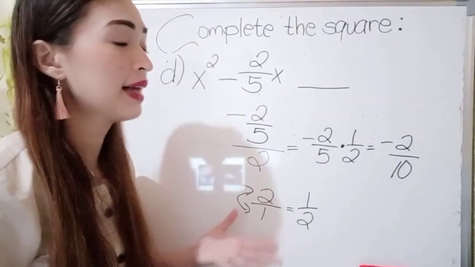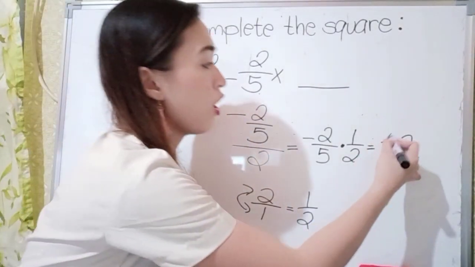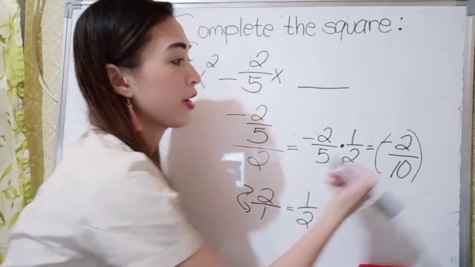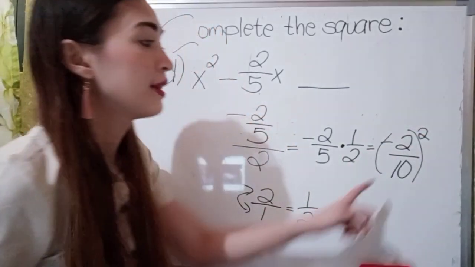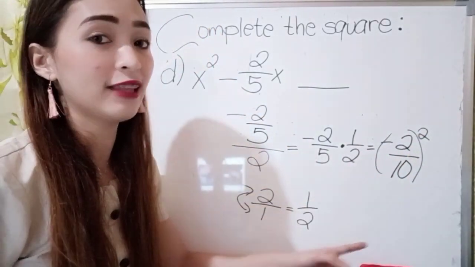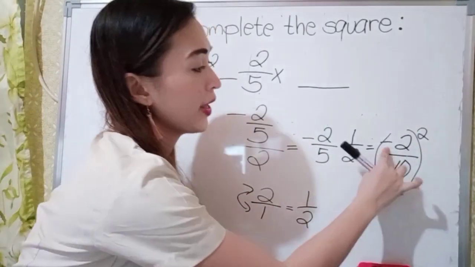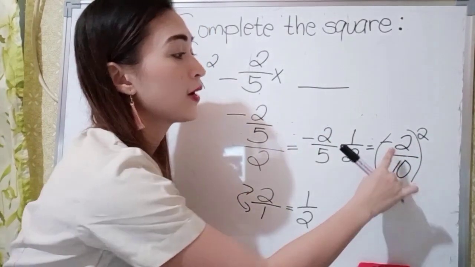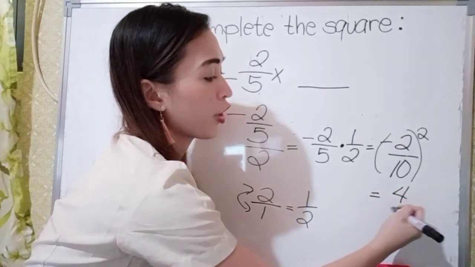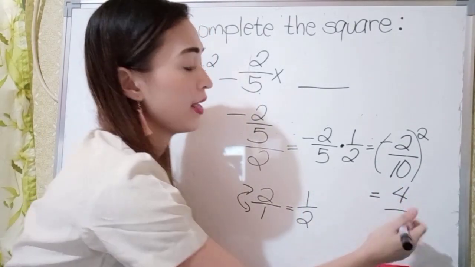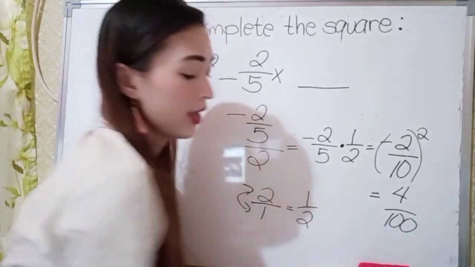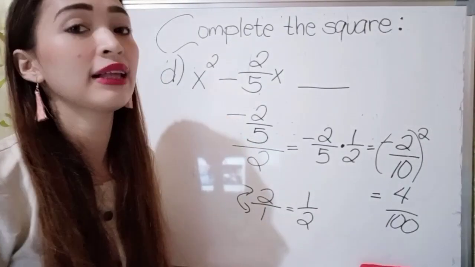But that is not the final answer because we're going to square our answer. So, what is negative 2 over 10 squared? Negative times negative is positive, 2 times 2 is 4, then 10 times 10 is 100. Is this the final answer?